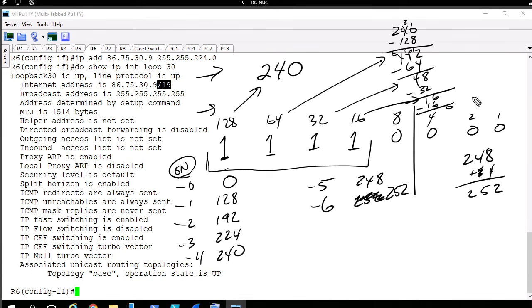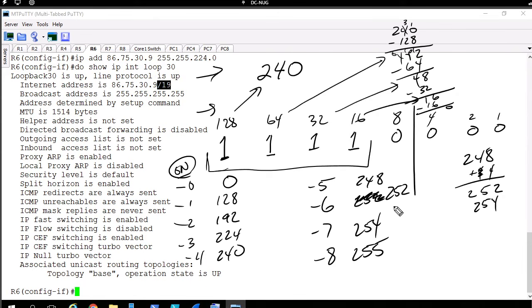And if we brought it over 1 more with 2 more bits, that'd be 7 bits in use. That would be plus 2 more, that's 254. And then if we did all bits, it'd be 1 on, plus that 1 would be 8, 255. Let me see if I got this right. 128, 192, 224, 240, 248, 252, 254, and 255.